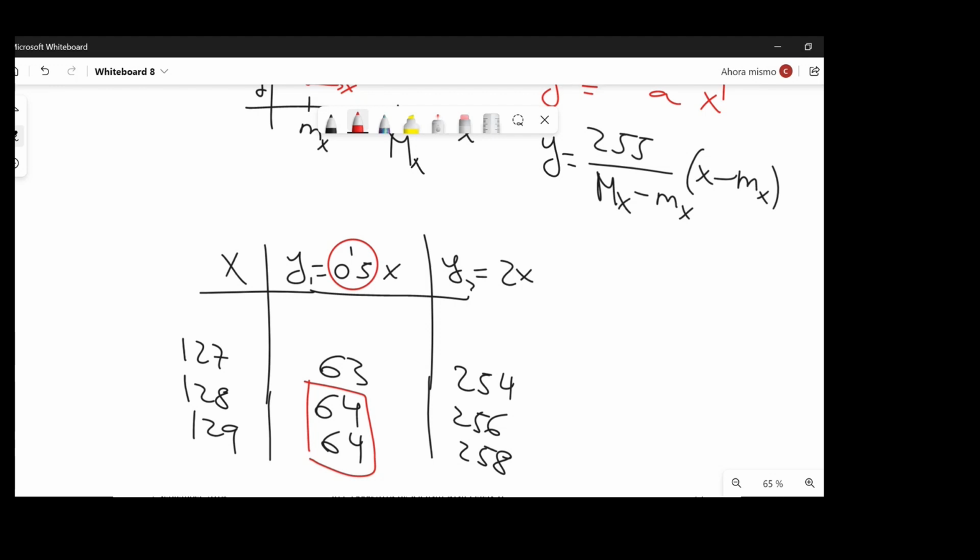The other thing we note is that there are gaps. 257 is never reached here. And something else is that here there are no gaps. So all values can be reached from the input.